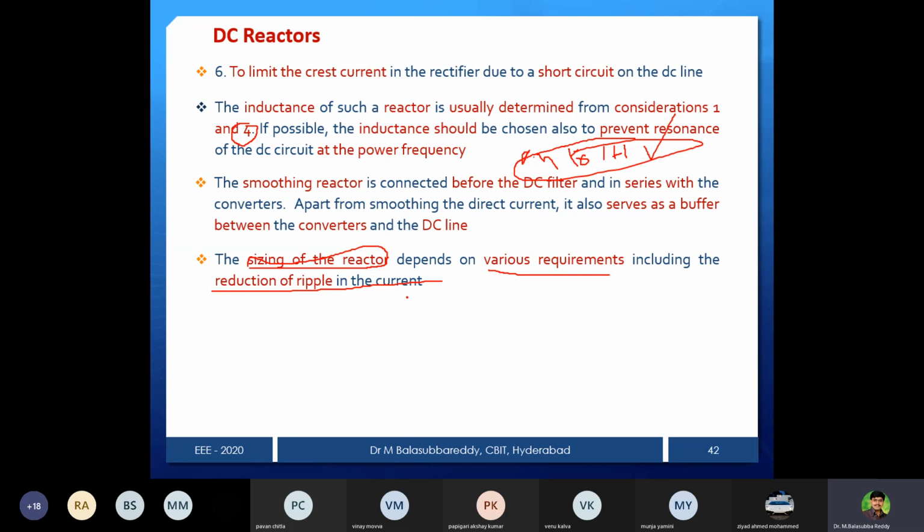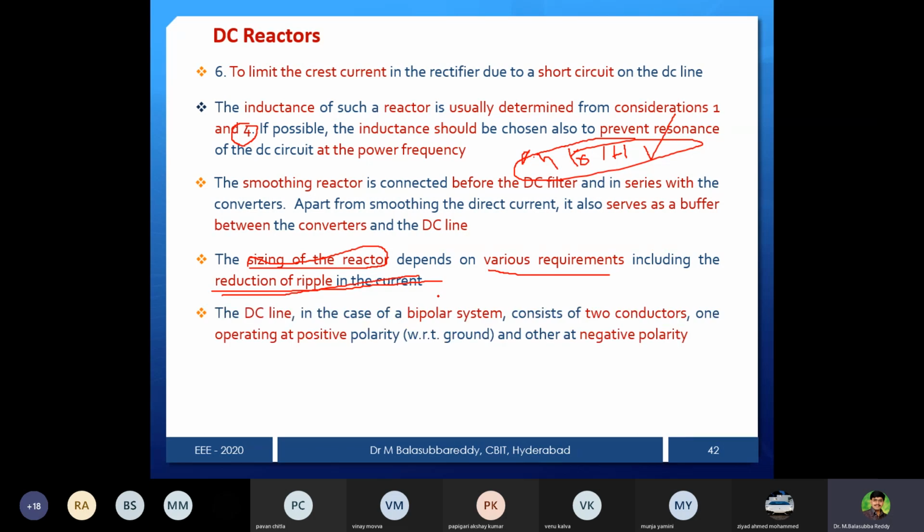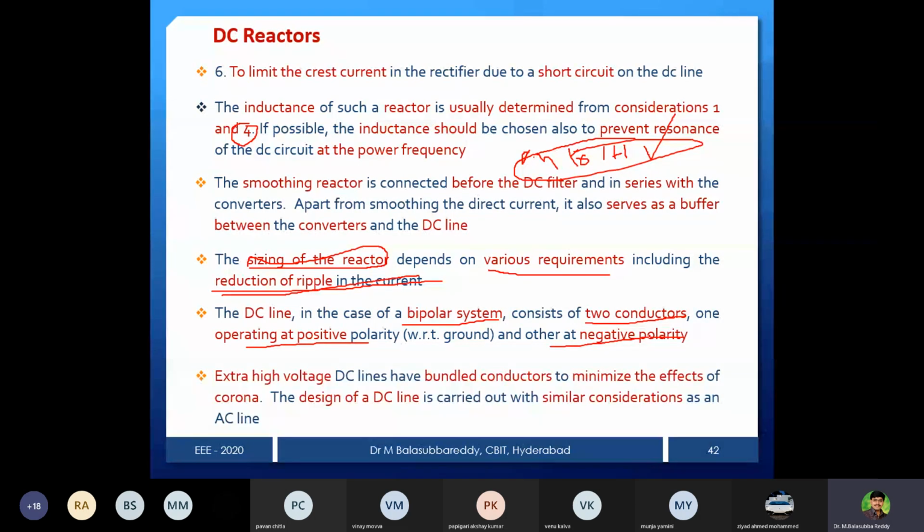Various requirements, including the reduction of the ripple in the current, all influence the size of the reactor. And for the DC line, in the case of a bipolar system, because we have different HVDC scenarios, a bipolar system consists of two conductors, one operating at a positive polarity and the other at a negative polarity.